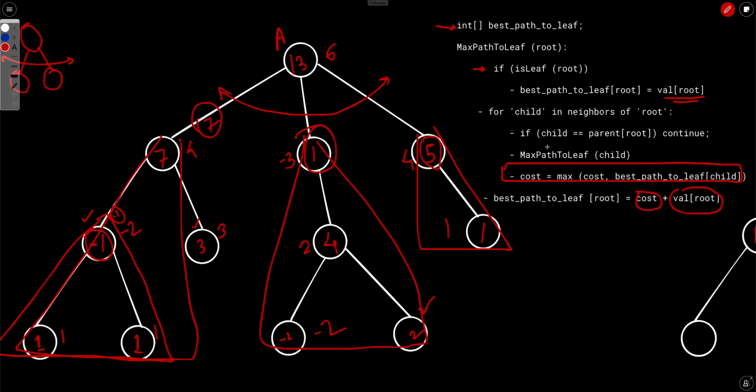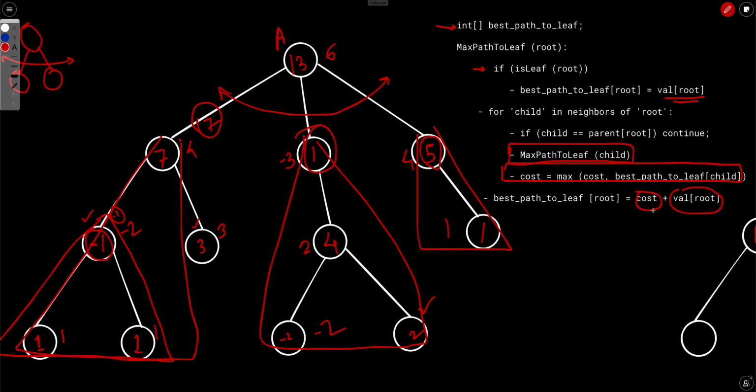Okay, so what we have done, we have iterated over all the children, and this is just a safety condition, you can ignore this. Now after that, we calculated the value of the children by calling the same function, right? And once we have the value for the children, we just take the maximum across all the children. And finally, what is the value for the root?